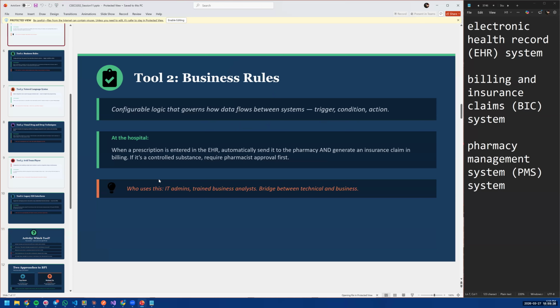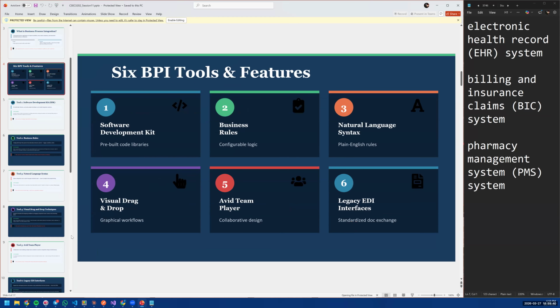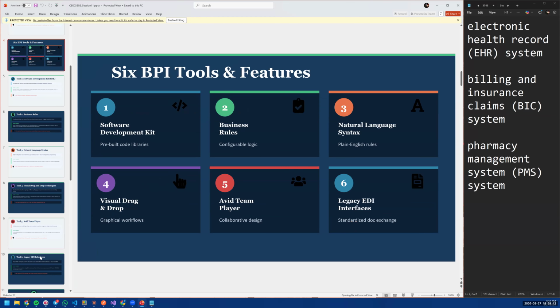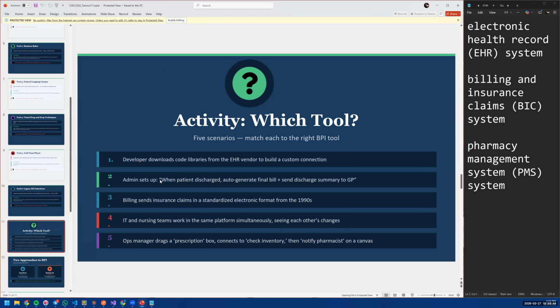Yes, because the business rule we're looking at comes in the form of regular English. There's nothing technical about it, so I would consider that one to be natural language syntax. Tariq, tell me if you agree. Yes, sir. It is an expression of a business rule, but the way it's expressed, it's done in a natural language way.